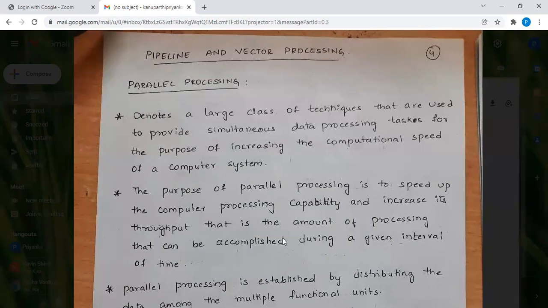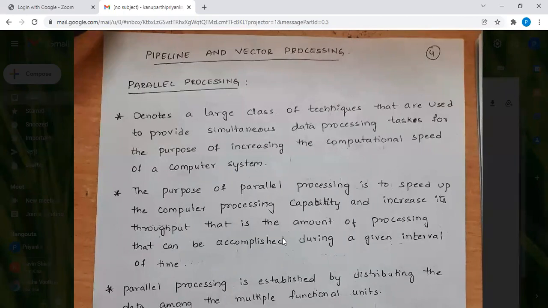And third, arithmetic pipeline, instruction pipeline, RISC pipeline, vector processing, and array processors. These are the 7 different elements that we are going to discuss in the second part of the 5th unit, which is pipeline and vector processing. Now we'll start with parallel processing.